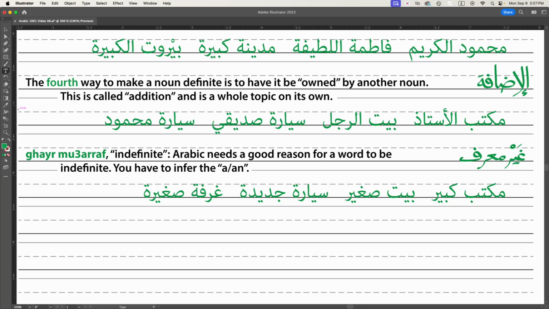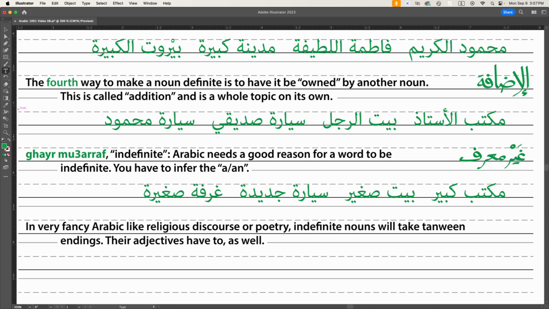In very fancy Arabic, like religious discourse or poetry, literature, indefinite nouns will take tanween endings, and their adjectives have to as well. So if it's the subject of the sentence, we say mektabun kabirun. No one actually says this in conversation.